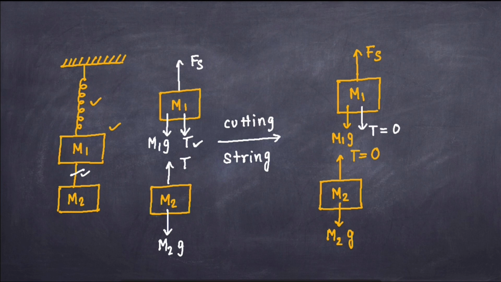If I cut this string over here, the spring force immediately after cutting the string will not change, it will continue to act upward. But the tension force provided by the string immediately after cutting will become zero.